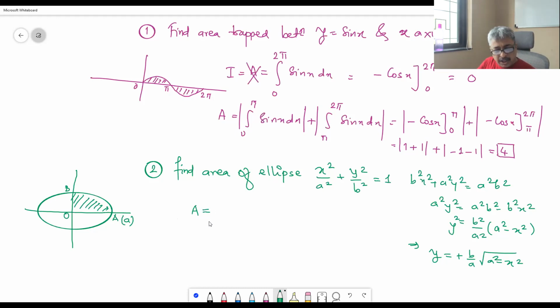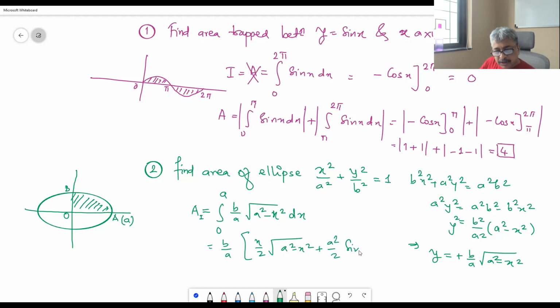Area of first quadrant, say, is equal to integral 0 to a b by a radical a square minus x square dx, correct, which is equal to b by a inside bracket x by 2 radical a square minus x square plus a square by 2 sine inverse x by a, to be evaluated between 0 to a, correct, which happens to be equal to b upon a inside bracket a square by 2 into pi by 2, no?